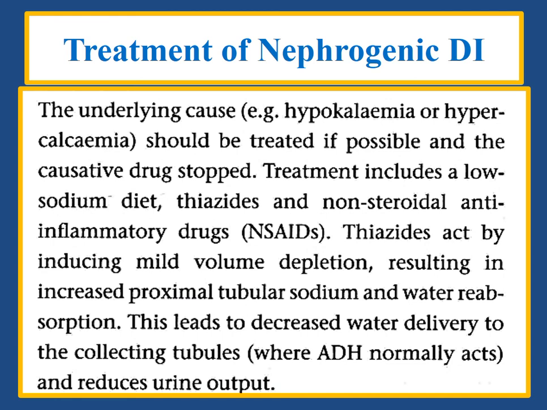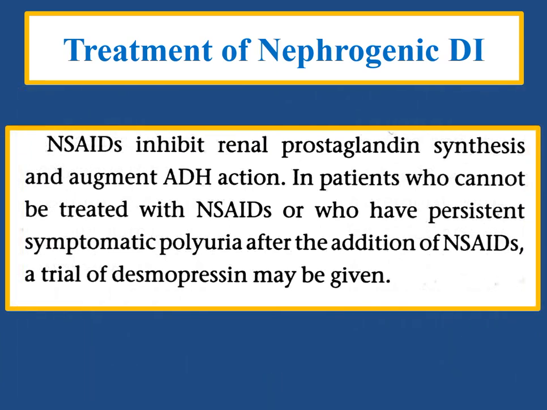This leads to decreased water delivery to the collecting tubules, where antidiuretic hormone normally acts, and reduced urine output. Non-steroidal anti-inflammatory drugs inhibit renal prostaglandin synthesis and augment antidiuretic hormone action. In patients who cannot be treated with non-steroidal anti-inflammatory drugs or who have persistent symptomatic polyuria after the addition of this drug, a trial of desmopressin may be given.